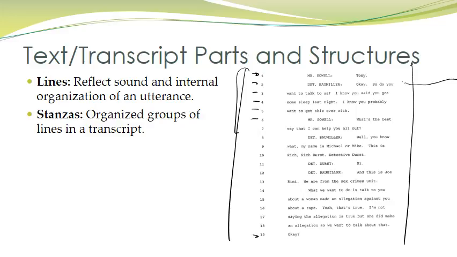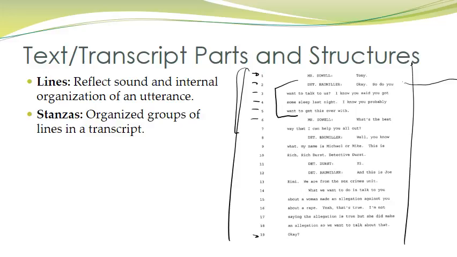Now, then you have stanzas, okay? So stanzas are organized groups of lines. So here, Detective Baumiller is talking, and that's made into a stanza. So the stanza helps demarcate that this is all one turn for Detective Baumiller.